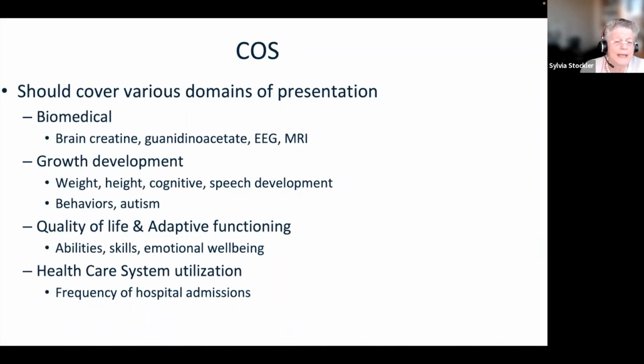So there are the biomedical domains, for example brain creatine or guanidinoacetate in the blood, EEG, MRI. These are all biomedical outcomes. These biomedical outcomes have some advantages, namely that they can be measured quite accurately and objectively.